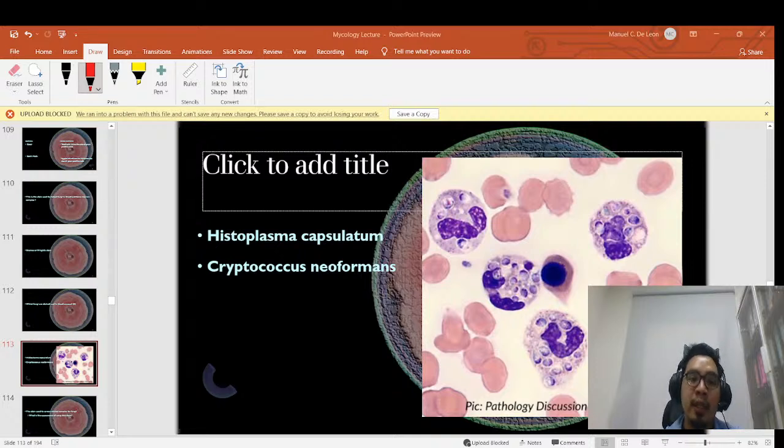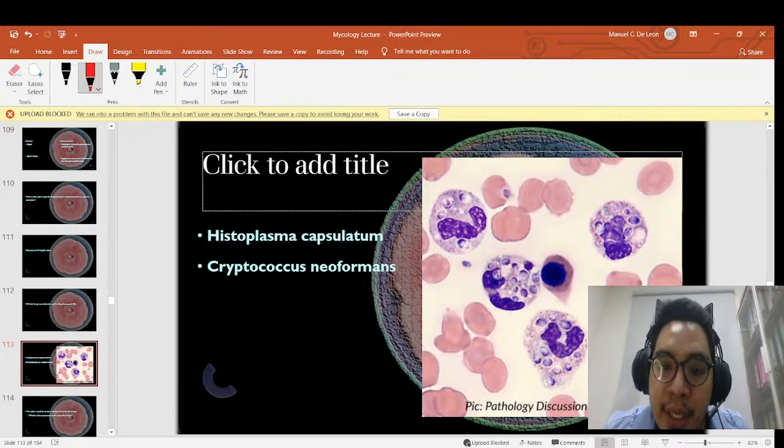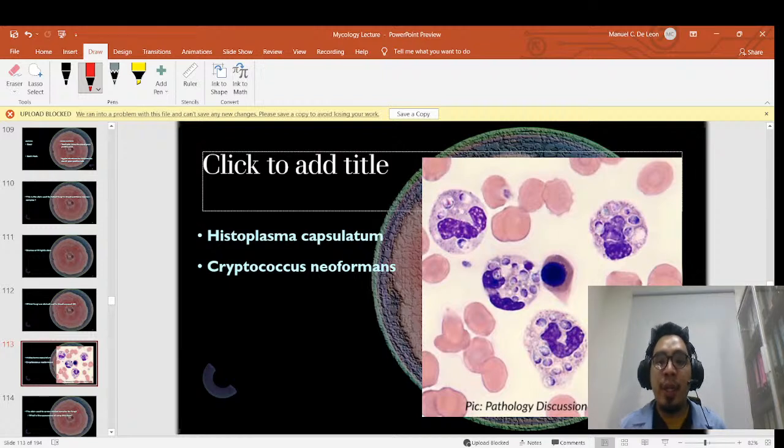The best way to diagnose histoplasmosis is demonstrating the organism in the blood smear and then doing a fungal blood culture to recover the organisms for definitive diagnosis. So this is a presumptive diagnosis of Histoplasma capsulatum. Notice that it looks like it's budding. That's the appearance of Histoplasma in the blood.